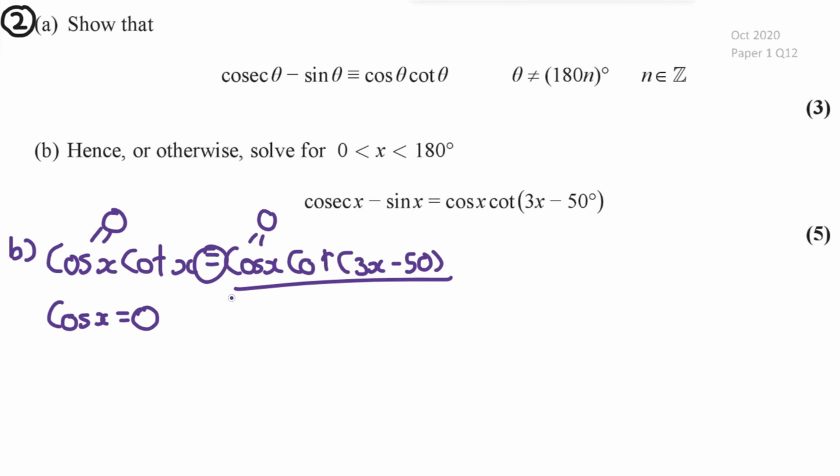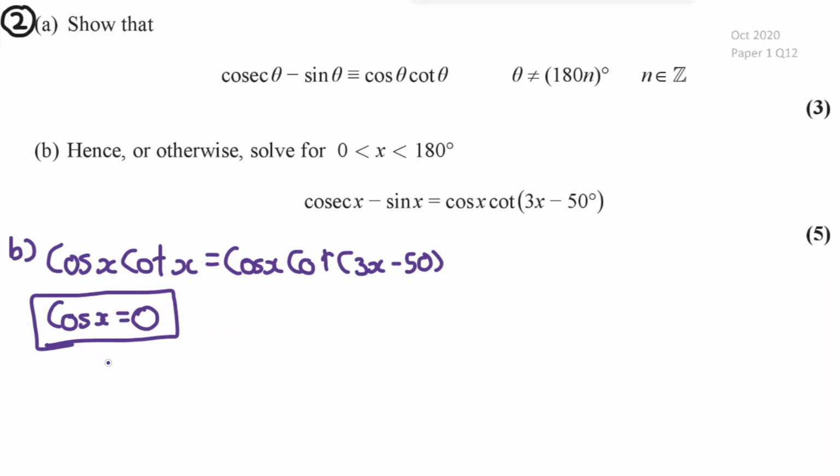So both sides are equal to each other, they're both 0, so therefore cos x equal to 0 is a solution. And I normally thought that you can't divide by cos of x if this was the case. The way the mark scheme gets around this is it accepts that cos of x is equal to 0 is a solution, finds the values of x for when this is the case, and then divides by cos of x.